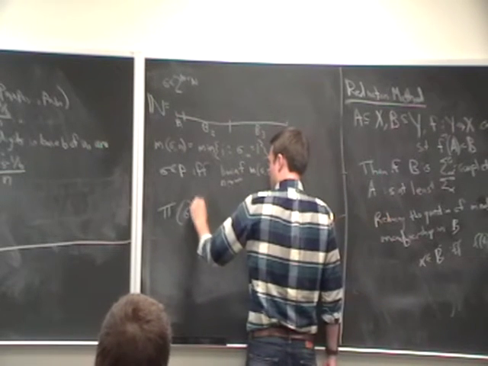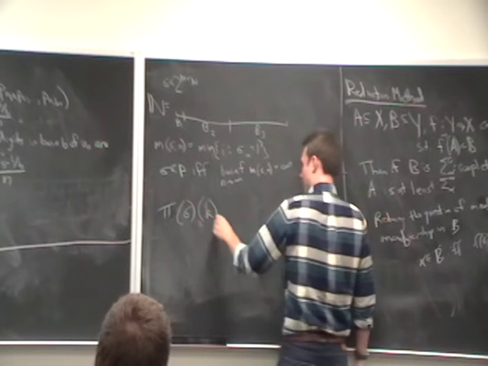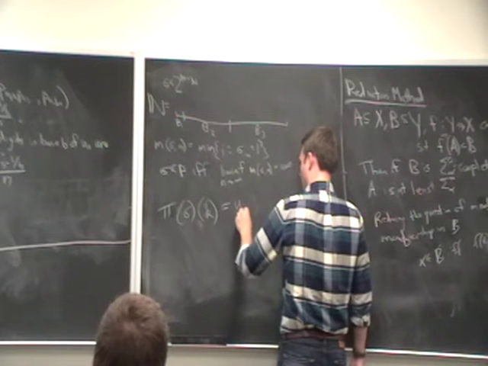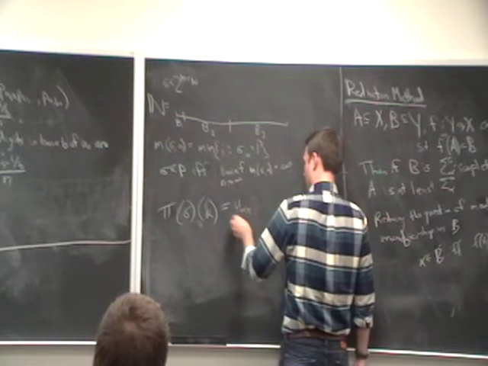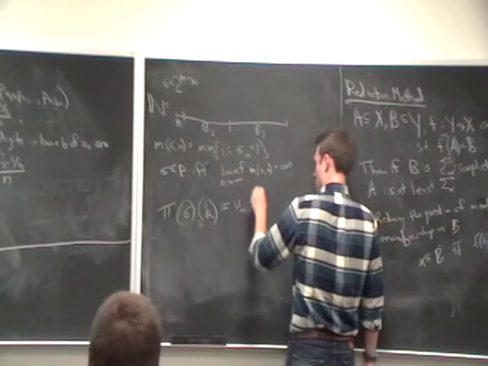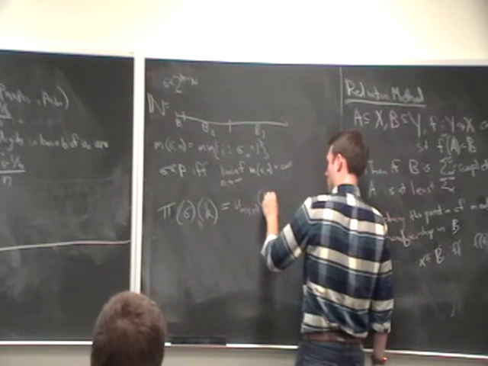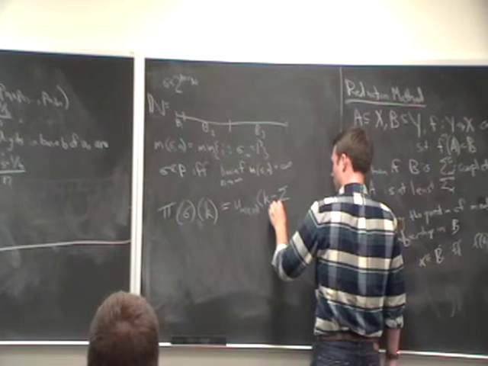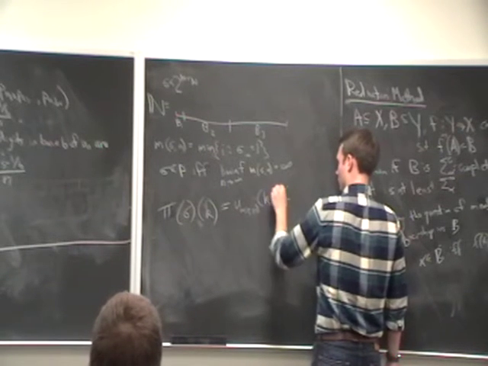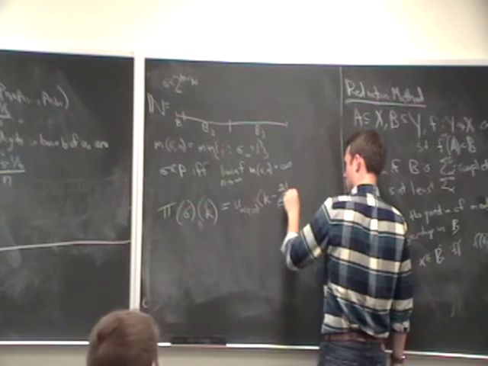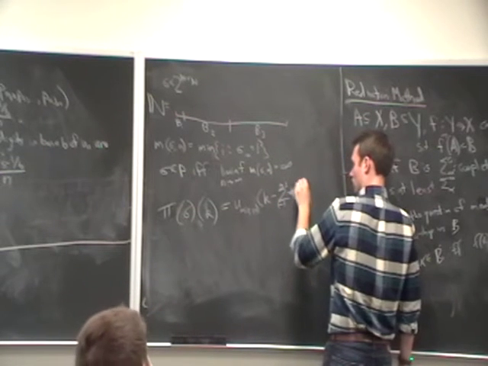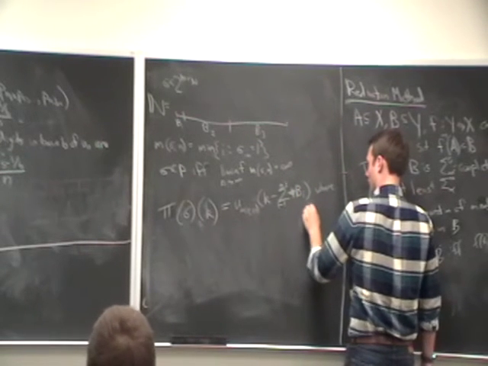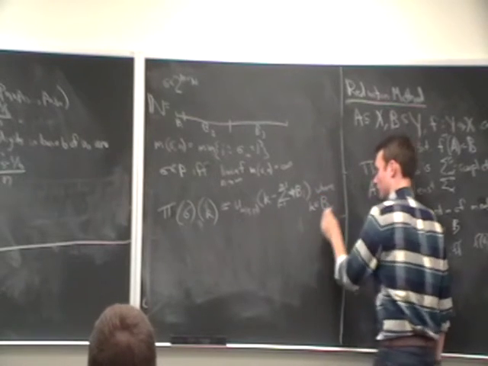The way we do this is we say that the kth digit of pi of sigma is equal to u sub m of sigma, n evaluated at k minus the sum from i equals 1 to n minus 1, where k is in this large interval B sub n.